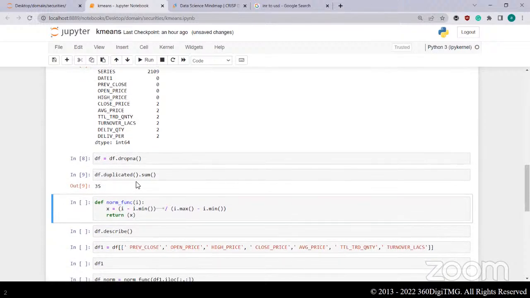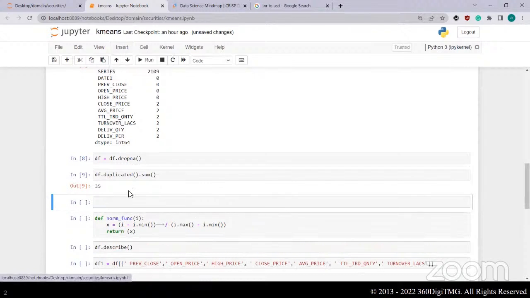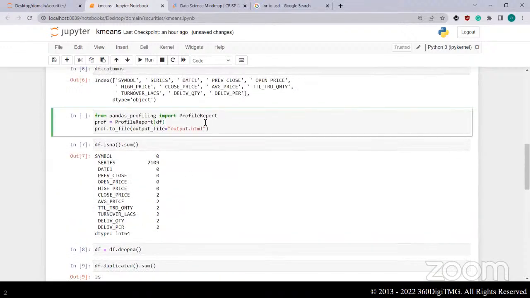So we can see that we have 35 duplicated values. So we'll say df equals df dot drop duplicates. But before we do that, let me just run this cell.